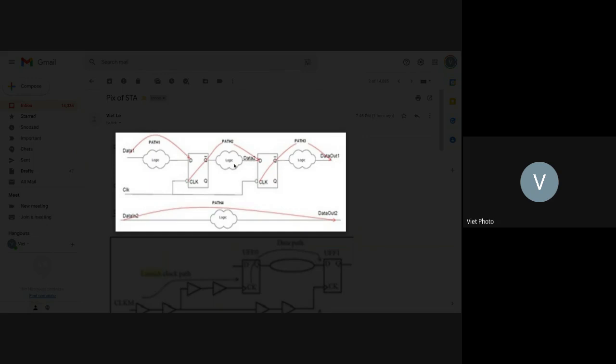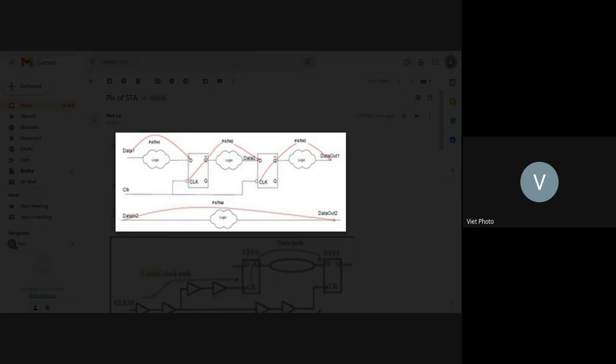So this one is the path from flop to flop. And the next one goes from here and out. That's called the input path, and this one the output path. This one is a register to register path, and this one the I/O path. Going in from input to output without any flop is called the I/O path.